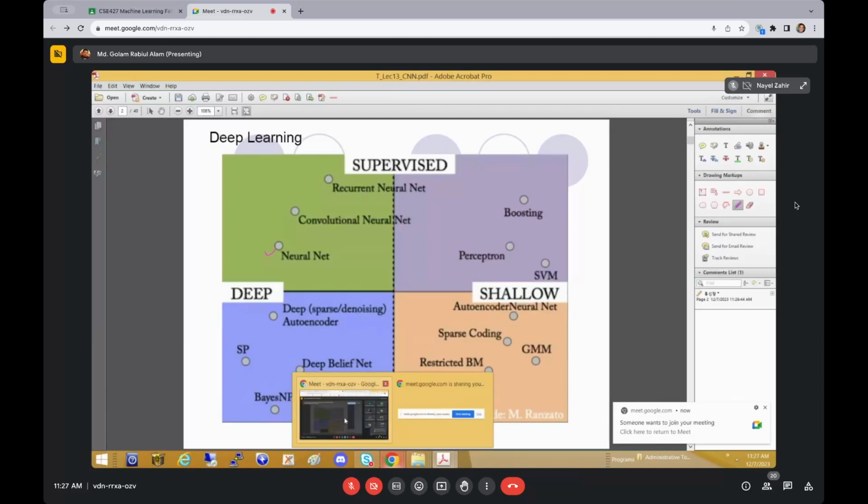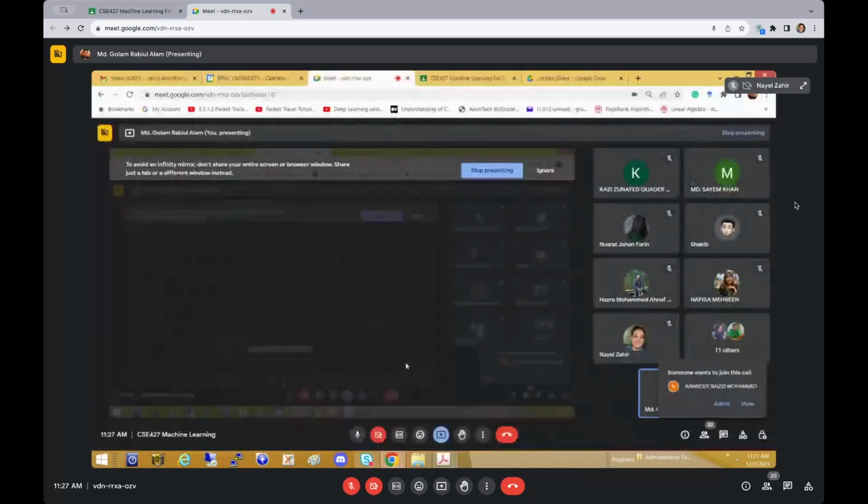Those are supervised models, but they follow the deep neural network architectures.